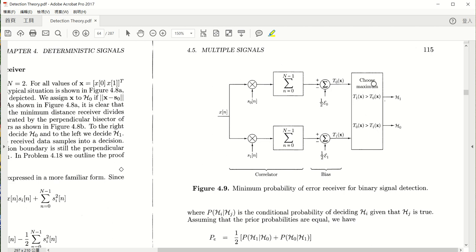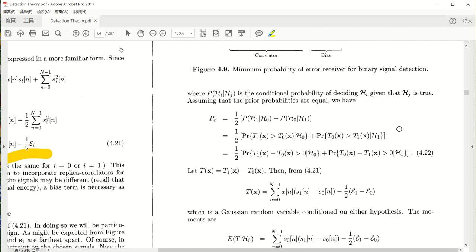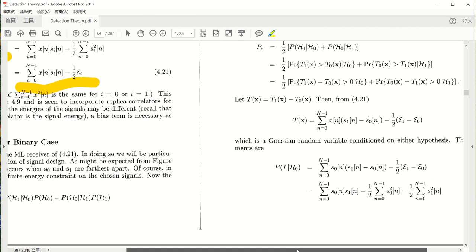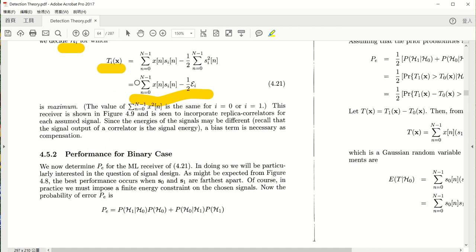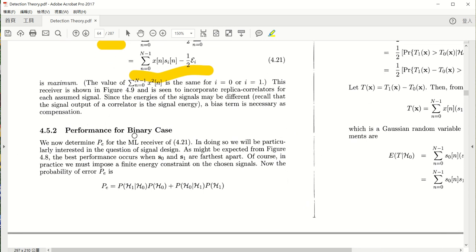Eventually the test statistics conditioned on H0 and H1 go in, and you choose the maximum. If T1 is larger than T0, then you choose H1. Otherwise, you choose H0. That's the test statistic and its block diagram. And the performance is like this. You have PE equal to P of H1 conditional on H0.